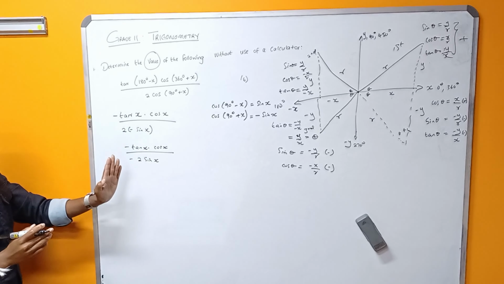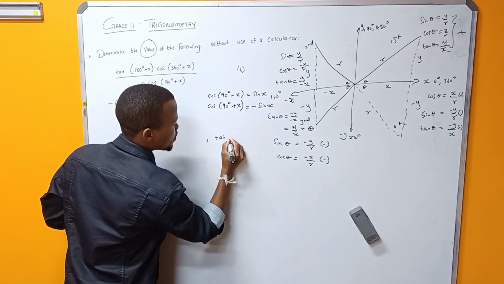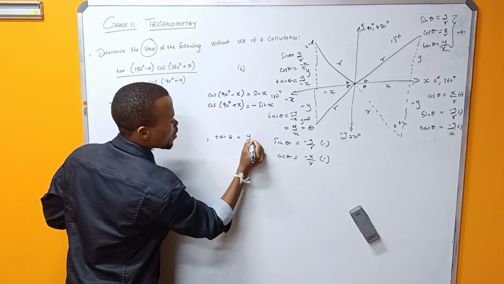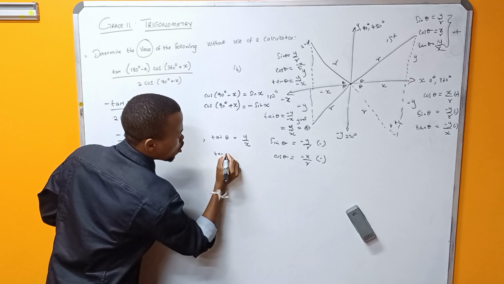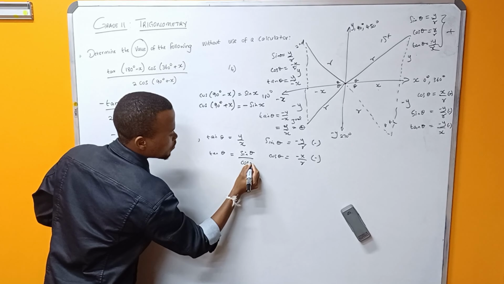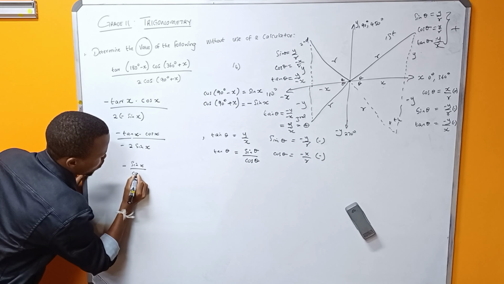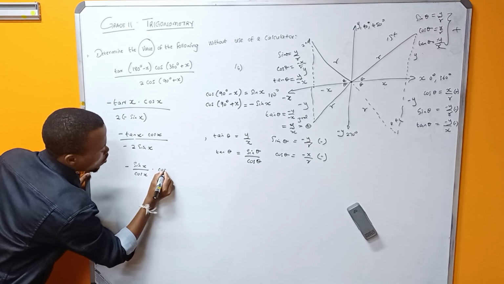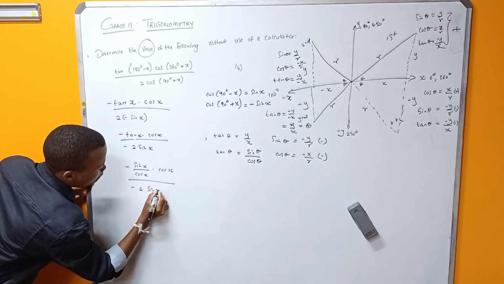In this scenario, we know that tan theta is equal to y over x, and we know that tan theta is equal to sine theta over cos theta. So instead of leaving tan here, I can replace tan x by sine x over cos x, times cos x, all over minus 2 sine x.